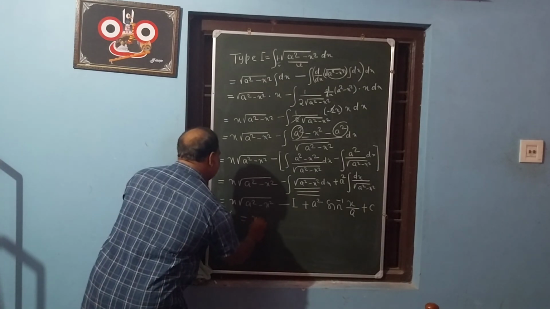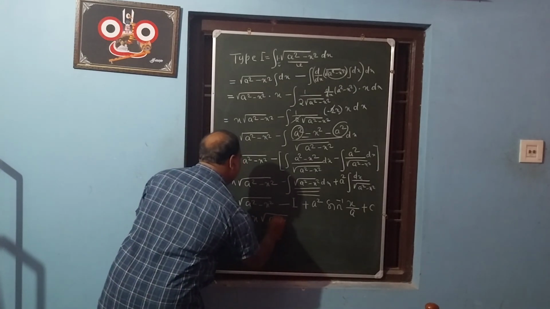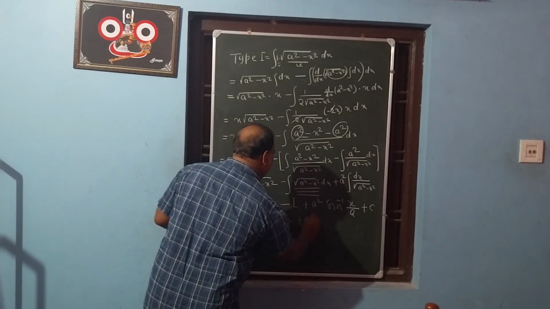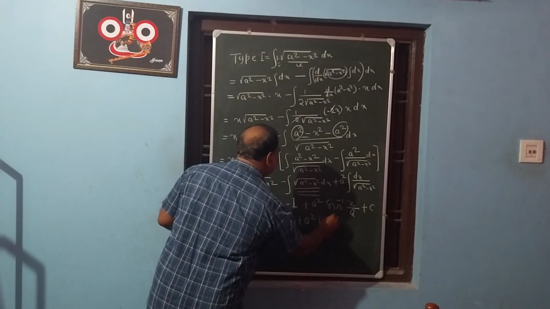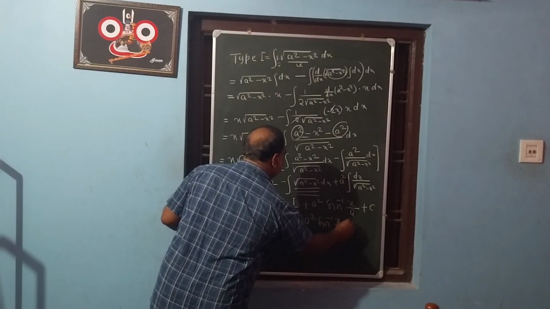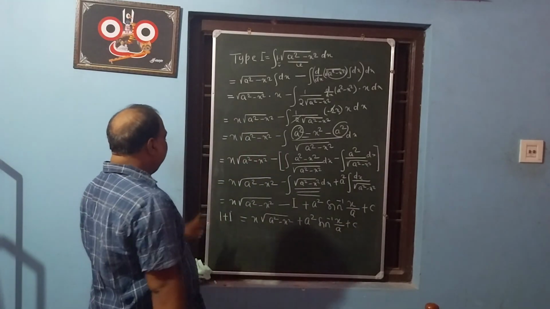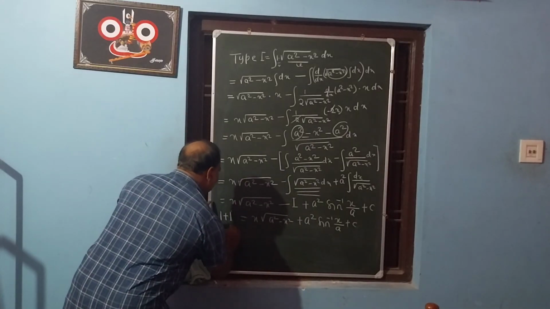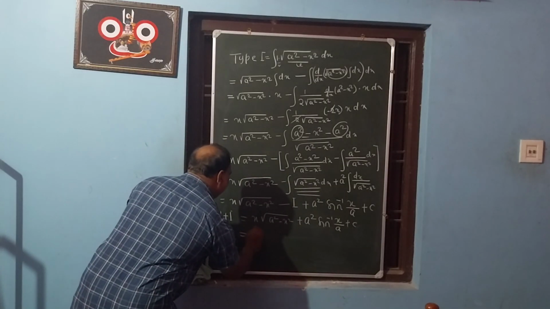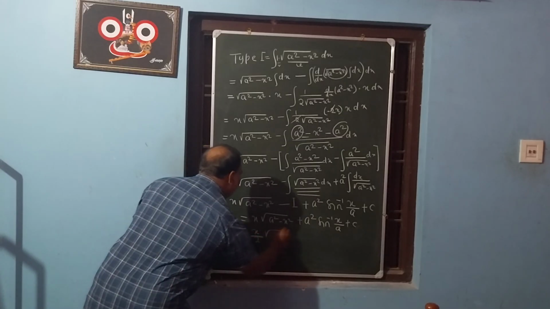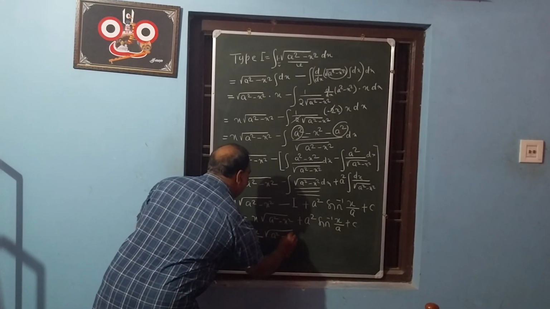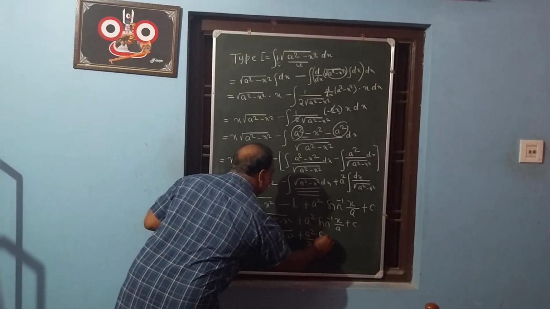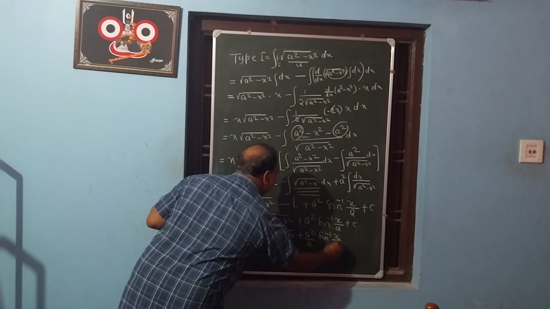is equal to x root over a square minus x square, plus a square sine inverse x by a plus c. I plus I is 2I, so 2 will be divided there. I is equal to x by 2 root over a square minus x square plus a square by 2 sine inverse x by a plus c.